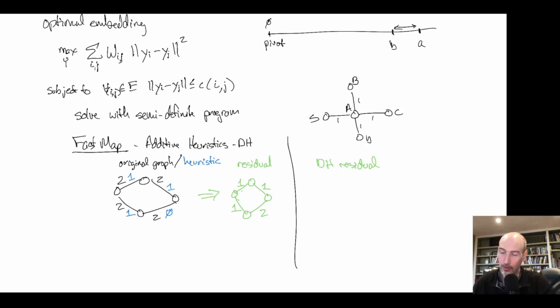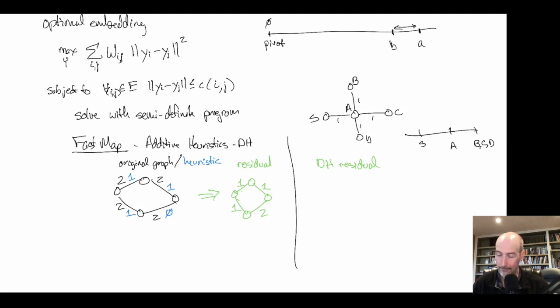If I think about a differential heuristic, on my state space we're going to get S, then A, and then another point here that is going to be B, C, and D.